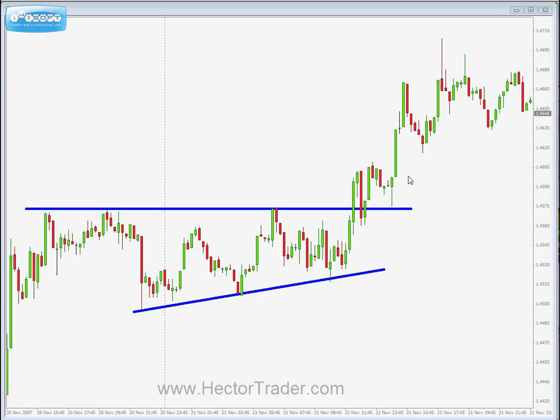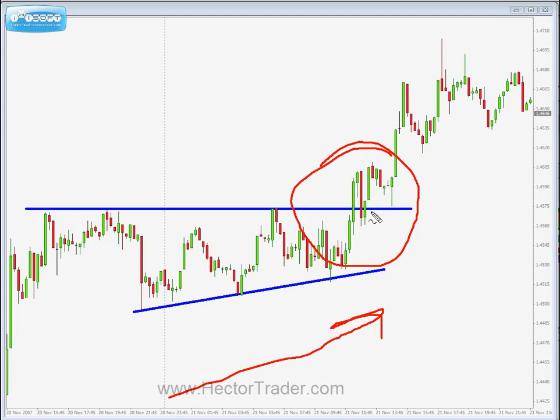I always say that trading is about stacking odds in your favor. Trading the direction of the main trend, a breakout in the direction of the main trend, and with the confirming pattern of a breakout pullback continuation, stacks up different odds in your favor, and that's the type of trading situation you want to be involved with.